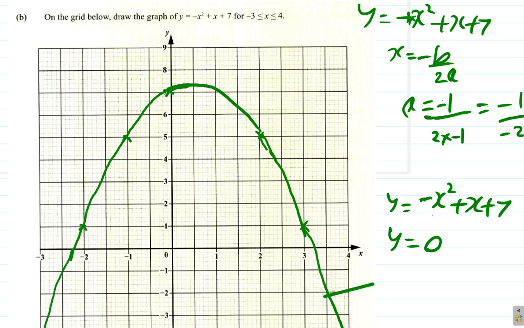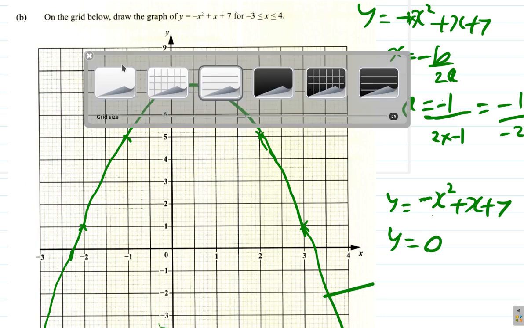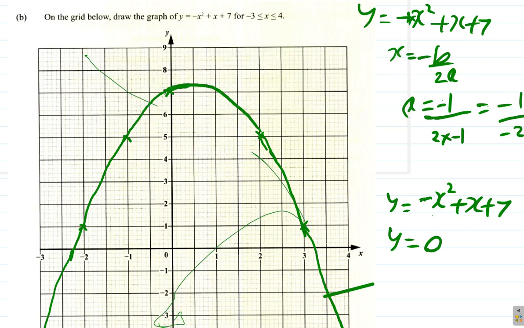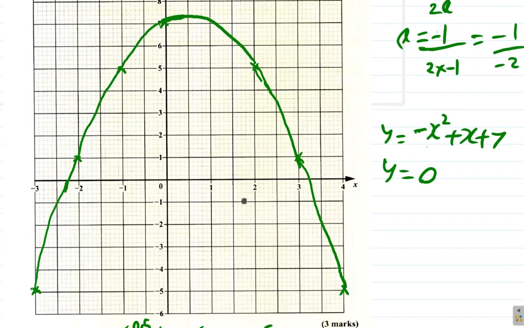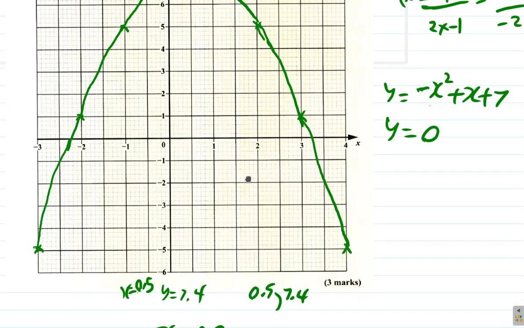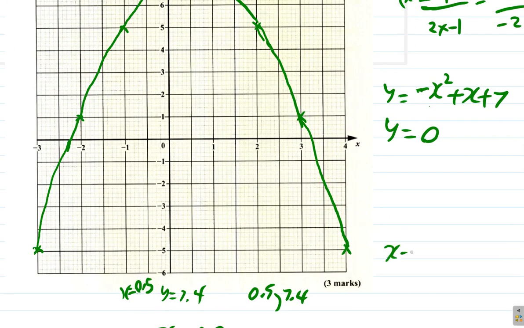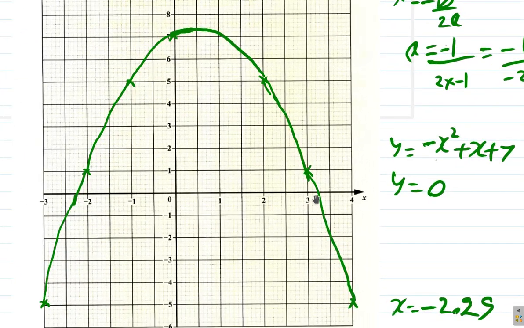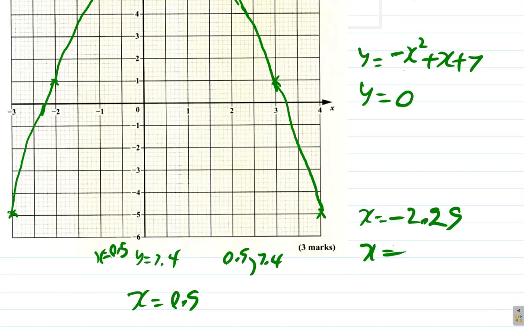Let me just erase this thing that I accidentally put here. Negative 2.25, negative 2.25. So it seems like x equals negative 2.25 and x equals, over here, where does it intersect? About 3.25. So remember, these are the points I'm looking at here and here. Alright?